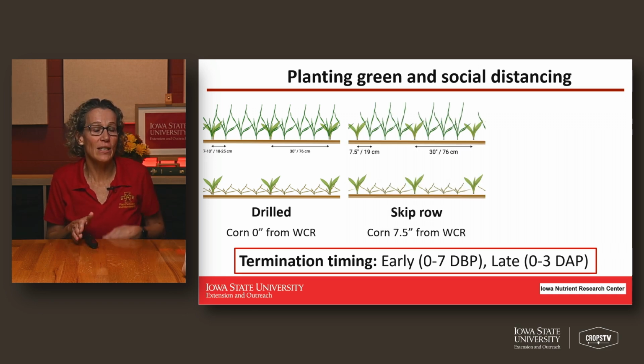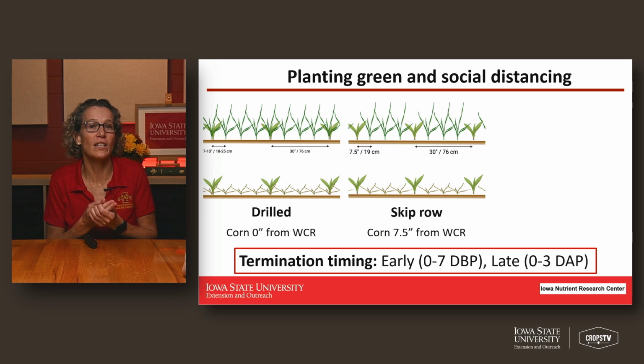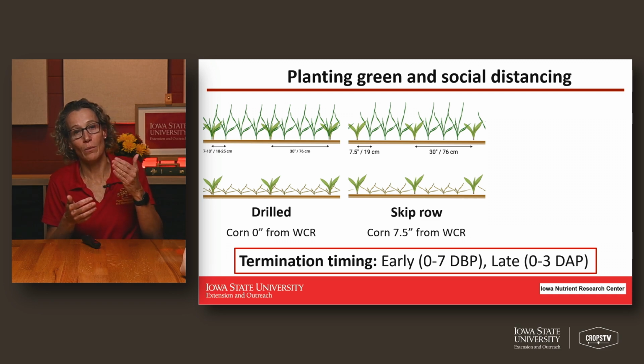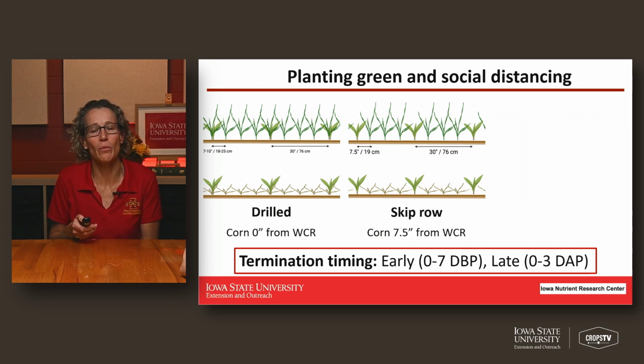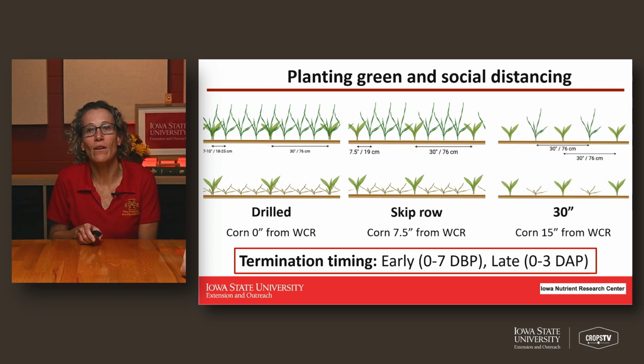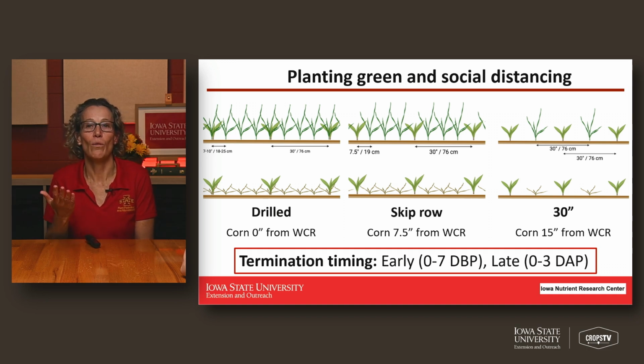So the next thing we did was the skip row, where we're planting those 3 rows of rye in between the corn. Once again, we have the planting green and the planting brown, to use Rochelle's terminology. And then we did the 30-inch, where we planted the rye in 30-inch rows, so 15 inches away from the corn.